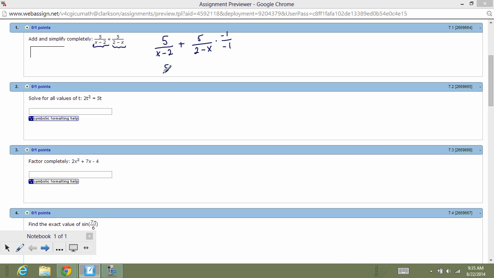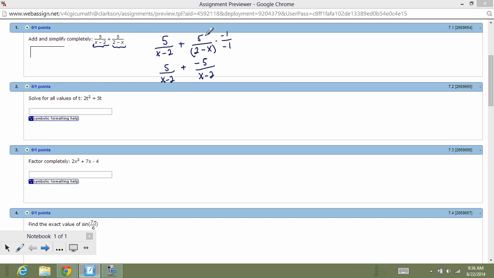But when we do this multiplication, you see that on that right-hand term, we're now going to have a minus 5, and we're also going to have a negative 2, because minus 1 times that 2 is going to be a minus 2, and negative 1 times the x is going to be a positive x, so I'll write that as x minus 2, and we have our common denominator, so they can now be added.